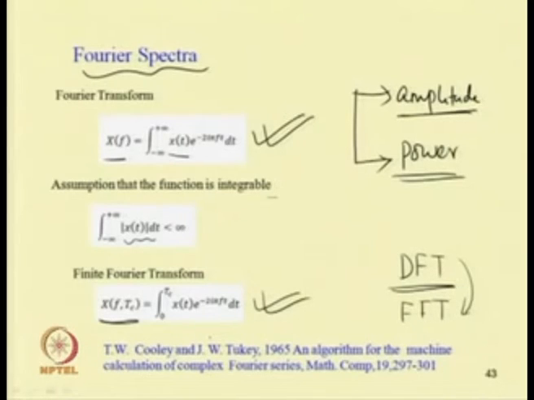So, instead of getting the response in a continuous form, we get the response in discrete time. So, we can use the DFT or FFT. This method was proposed by Cooley and Tukey in 1965 in the paper, An algorithm for the machine calculation of complex Fourier series, published in Mathematical Computation, volume 19, page number 297 to 301.